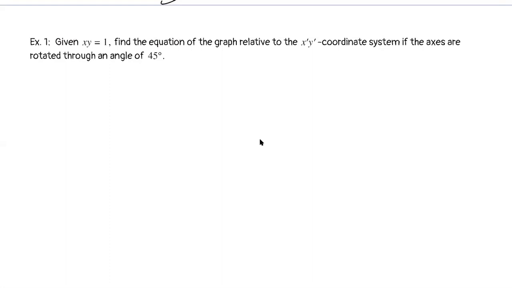I know that I have this xy equals 1, and I'm going to keep that equation the way it is. But I also know I'm given an angle of 45 degrees, and that 45 degrees is my angle of rotation, which makes it my phi.